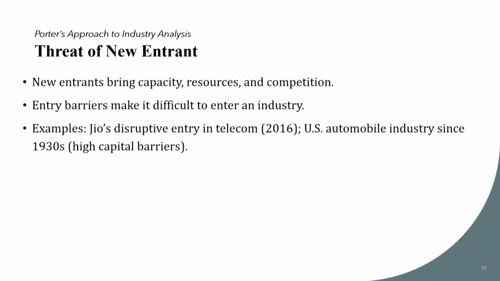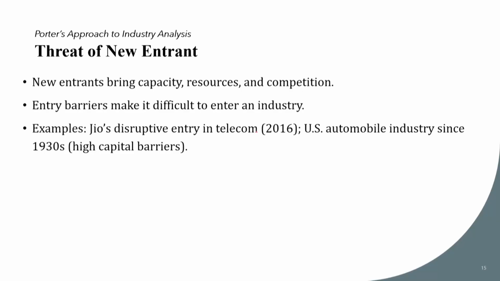That means internet and calls were sold at a very low price. Such a low price put lots of pressure on the incumbent firms in the industry, and they were forced to reduce their prices to retain their existing customers. So that often happens, even though there are entry barriers.